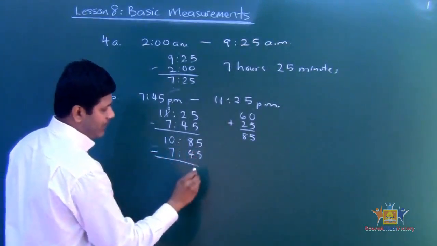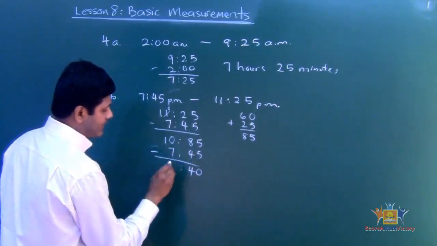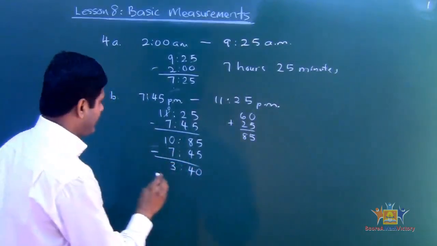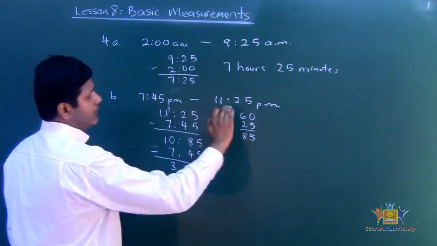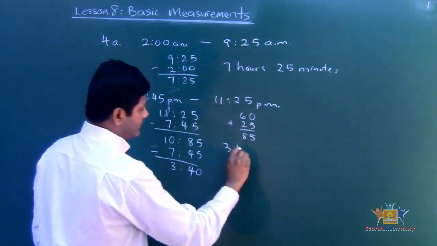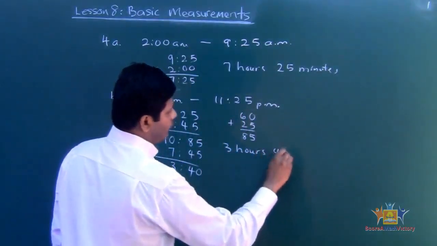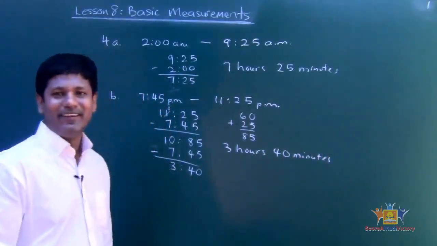So 5 minus 5 is 0, 8 minus 4 is 4, and then 10 minus 7 is 3. So that tells me the duration from 7:45 to 11:25 p.m. is 3 hours 40 minutes.